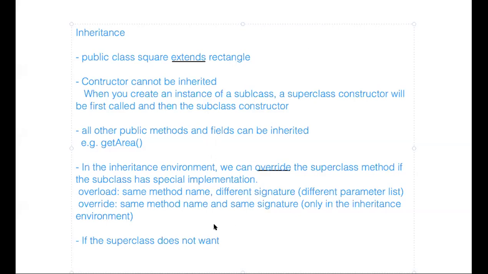Okay, good. Come back. So if the superclass does not want to share, does not want the subclass to override its method, it can put final. This is the keyword before the method name.